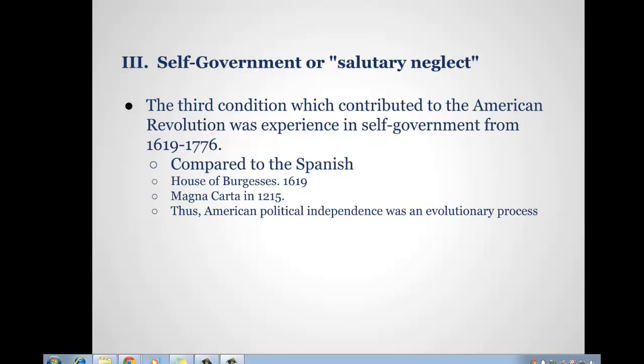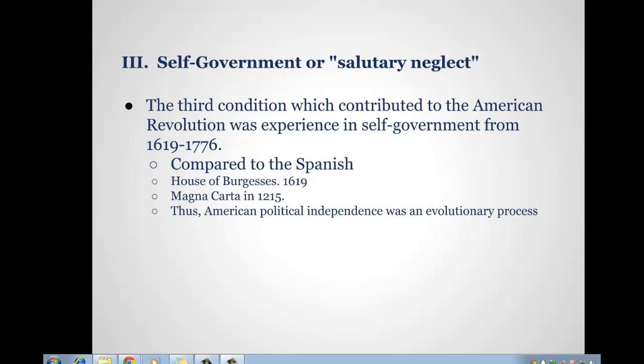That led to the provincial governments, which developed under the leadership of popular leaders like Sam Adams, which we'll discuss in a later lecture, and Patrick Henry in the 1770s. So that's important to understand, that it's not all of a sudden people like Sam Adams or Thomas Jefferson or John Adams or Patrick Henry that are coming up with these lofty ideals that are going to foment revolution and independence.